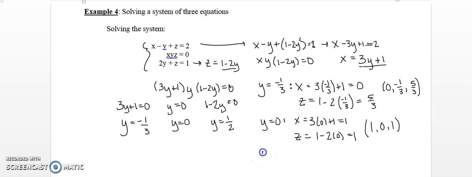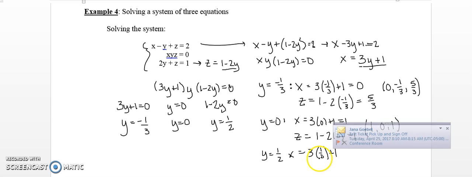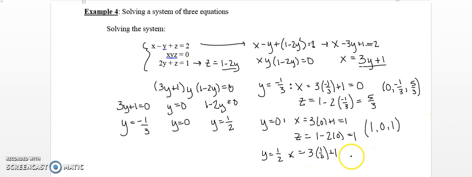y equals 1/2. So when y equals 1/2, x is 3 times 1/2 plus 1. 3 times 1/2 is 3 halves. 3 halves plus 1 is 5 halves.